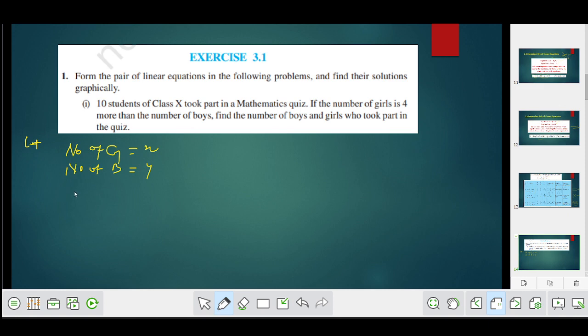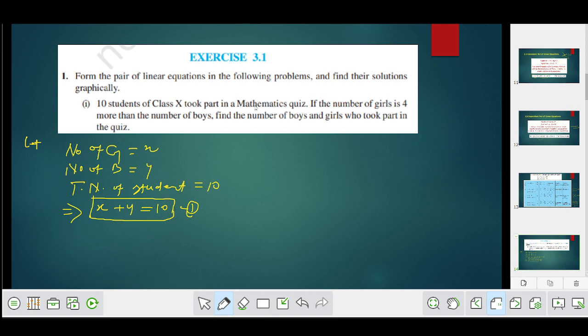The total number of students is given as 10. Then we can say that x plus y equals 10. This is the first equation of the given problem.